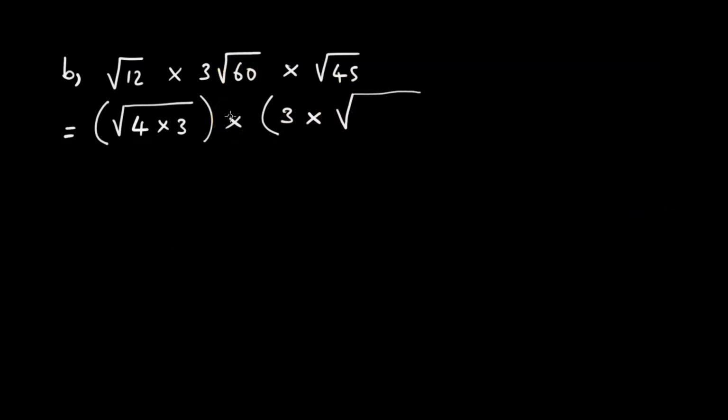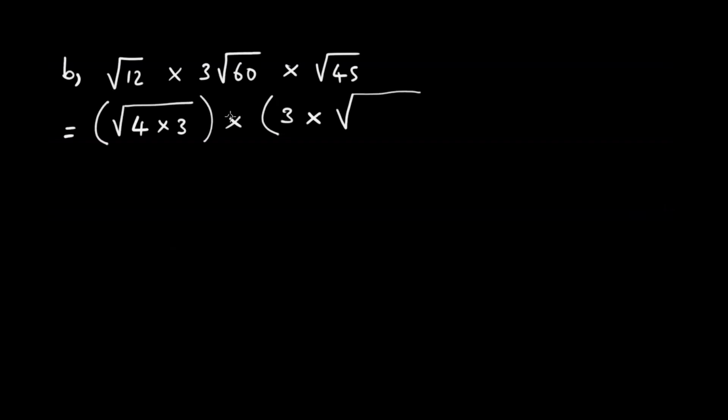What about 60? Can we think about a perfect square which multiplies another number to give us 60? So we have to think a little hard here. Does 9 go into 60?